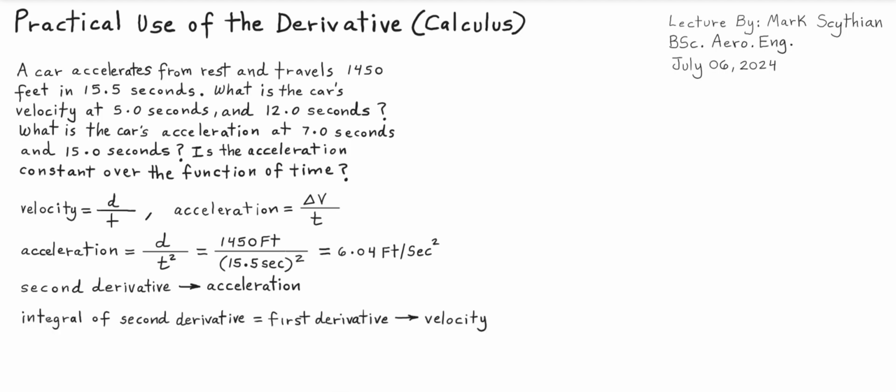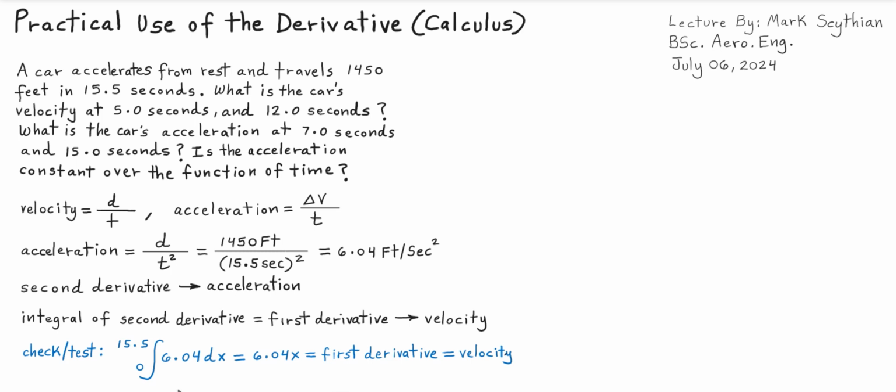Velocity is the first derivative. So the integral, or the reversal of the derivative, can be applied to the acceleration, or the second derivative, to then solve for the first derivative, or the velocity. So we can use a check test method to simply convert the constant 6.04 as the acceleration into the velocity, or the first derivative.